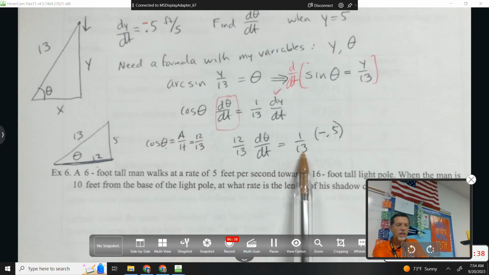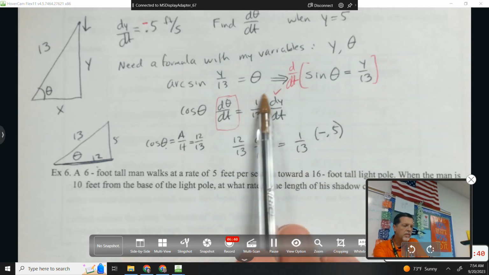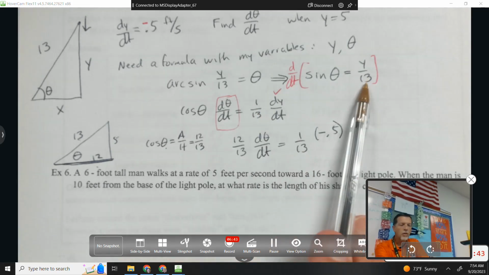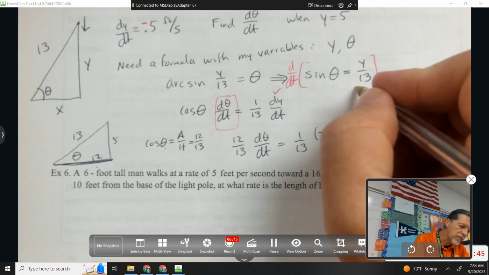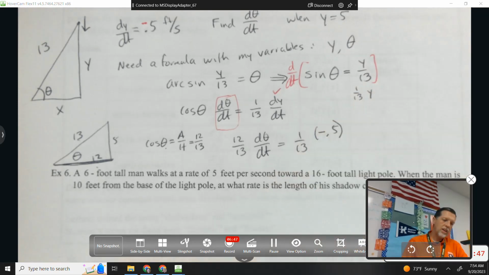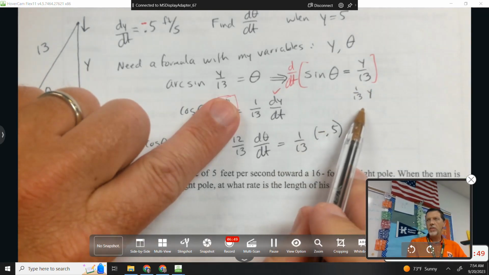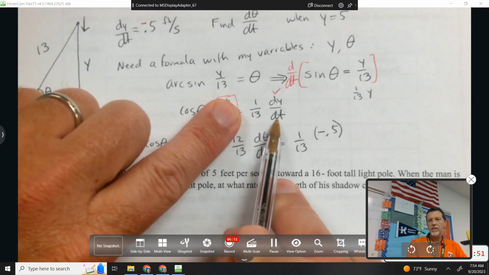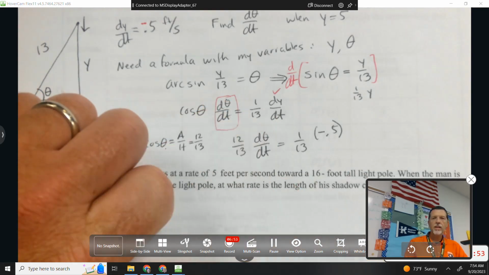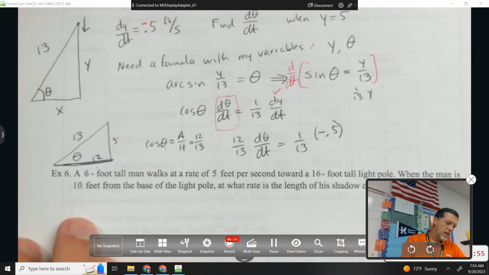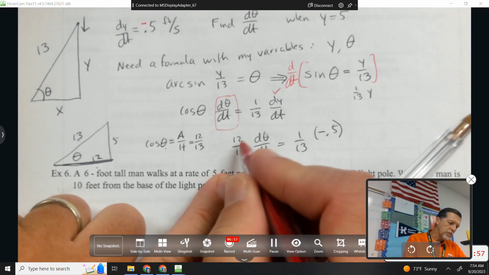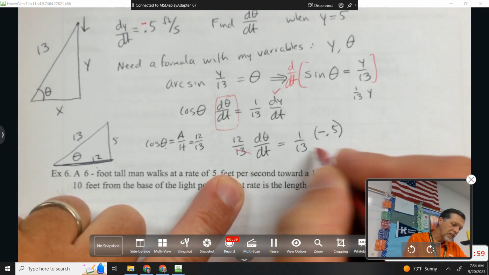This? Because right here, y over 13, that's the same thing as 1/13 y. So the derivative of 1/13 y is 1/13 dy/dt. Probably the first thing I do is multiply both sides by 13, and those go away.